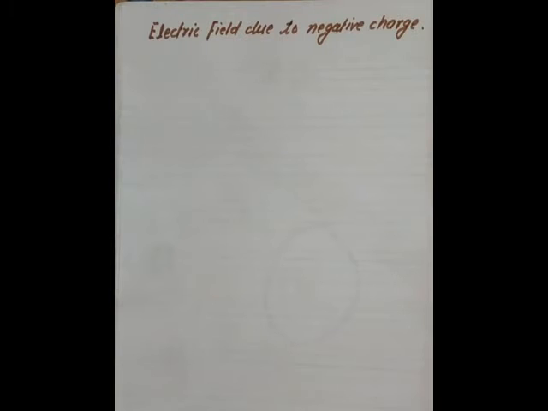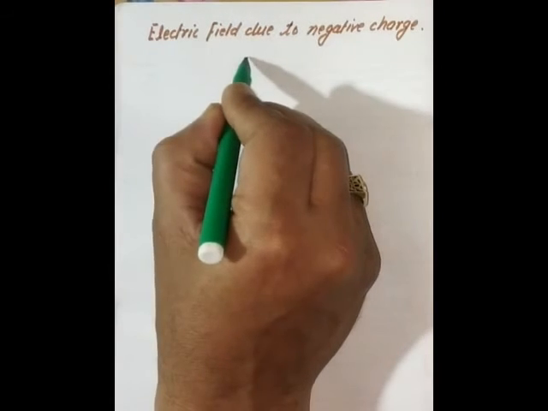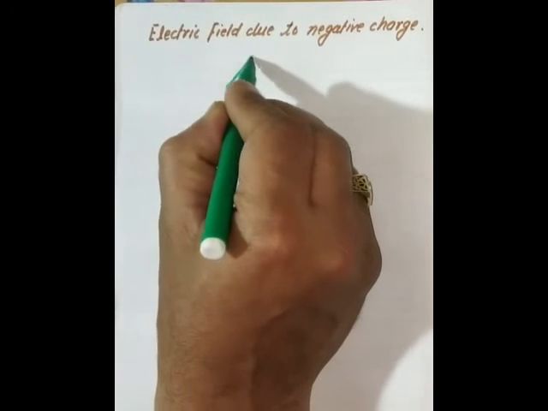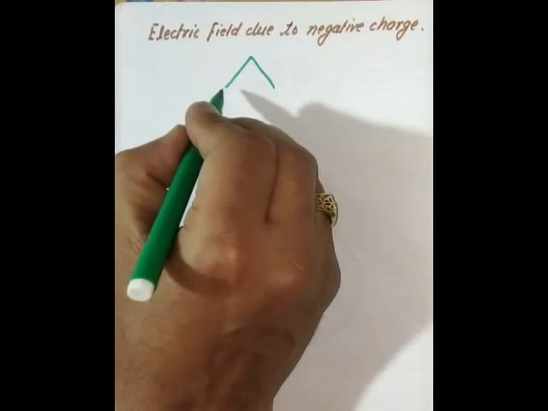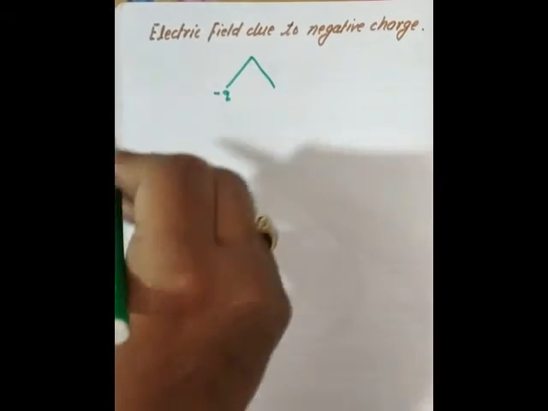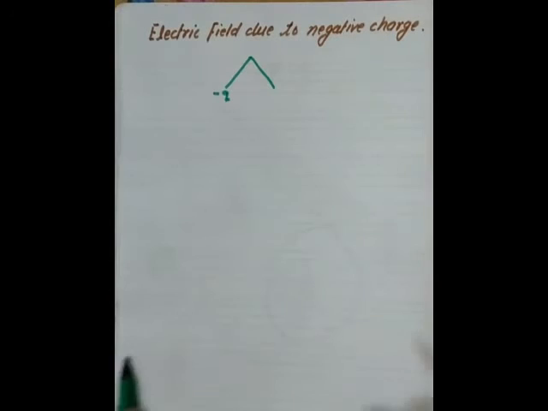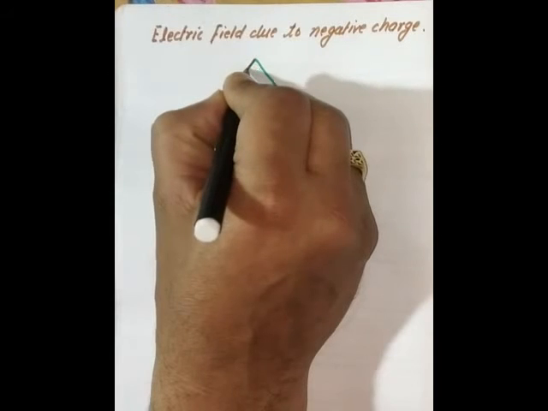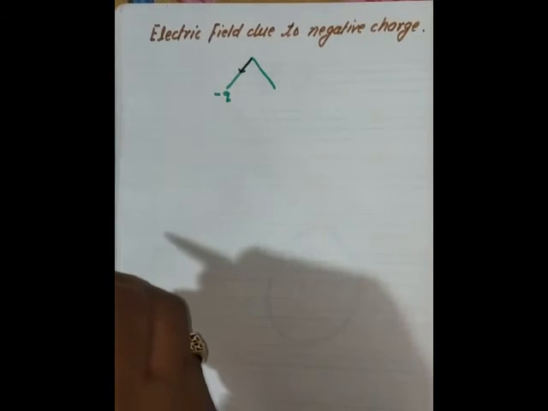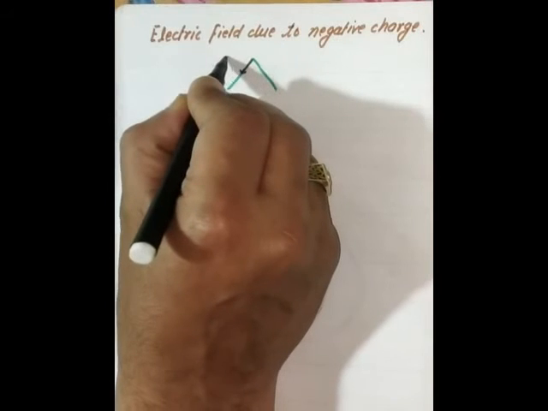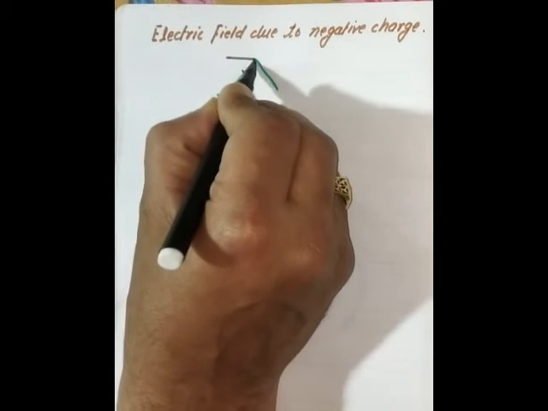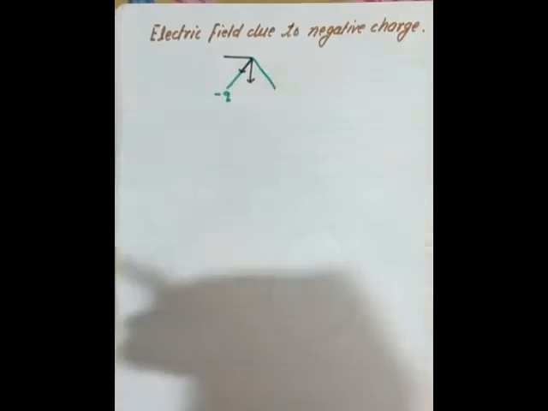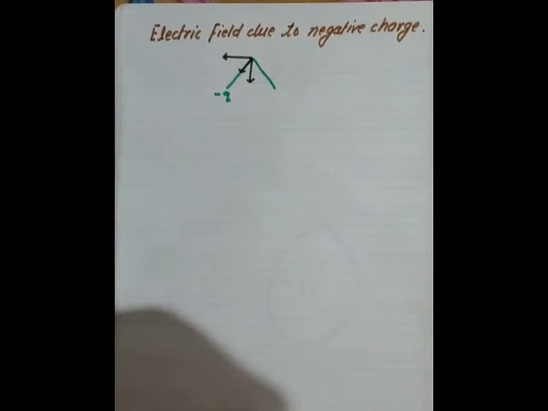When we see the diagram of the negative charge, this is the negative charge. The electric field works in this direction, so there are two vector components, this one and this one.